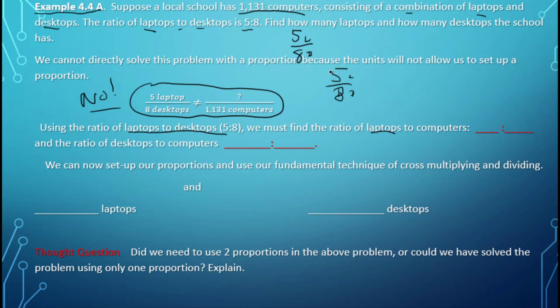We can add these together and we get 13 computers. Because computers consist of either laptops or desktops. So if I add these together, I get 13. So my ratio of laptops to computers would be 5 to 13. And that's laptops to computers. And the ratio of desktops to computers would be 8 to 13.